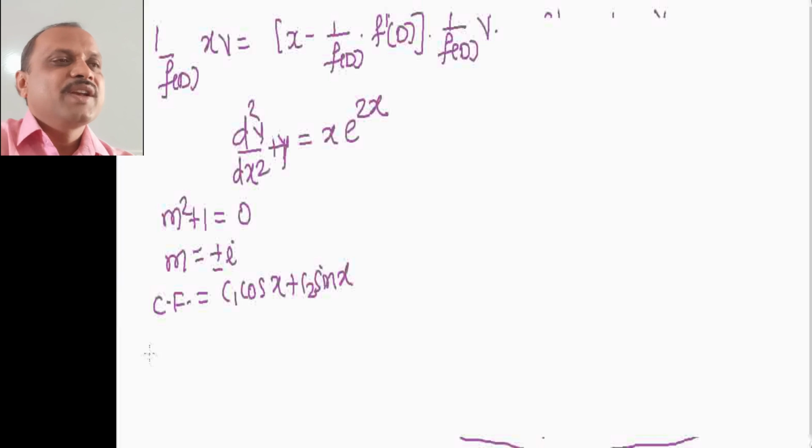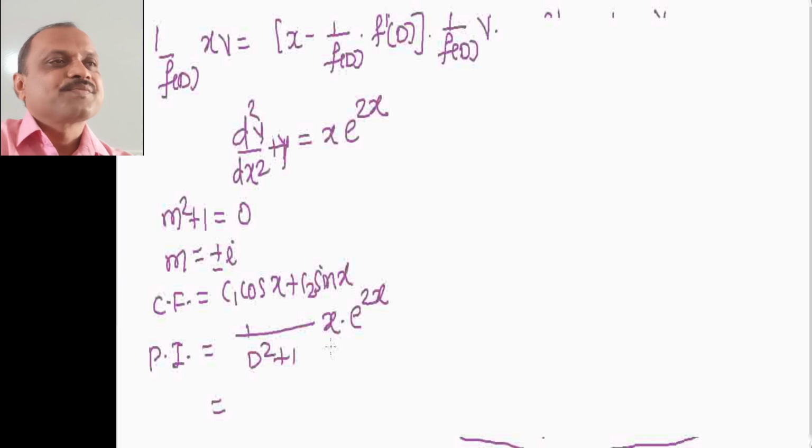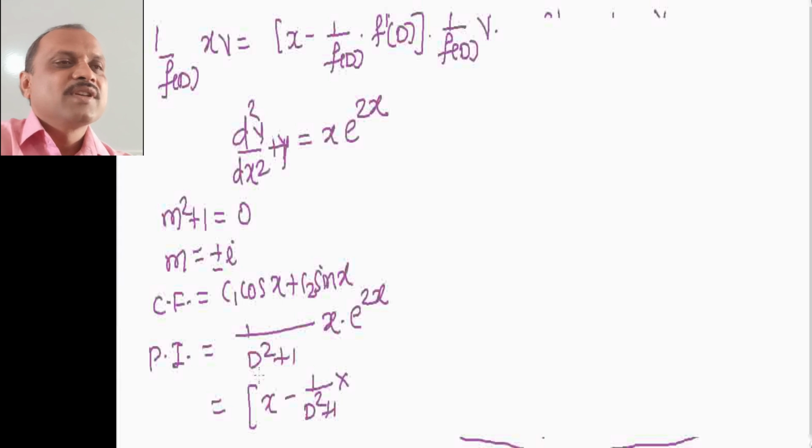Now the particular integral equals 1 upon D² plus 1 operating on x into e^(2x). Let us apply the operator for x into v. Then we get x minus 1 upon D² plus 1 into derivative of D² plus 1, that is 2D.